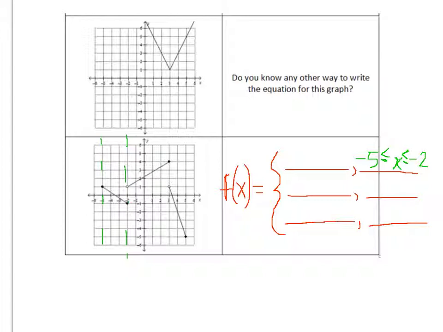The next thing that I'm going to do is write the equation of this piece. This piece is linear. In fact, all three of these pieces are linear. So I'm going to use either slope-intercept form or point-slope form to write the equation of these three lines.